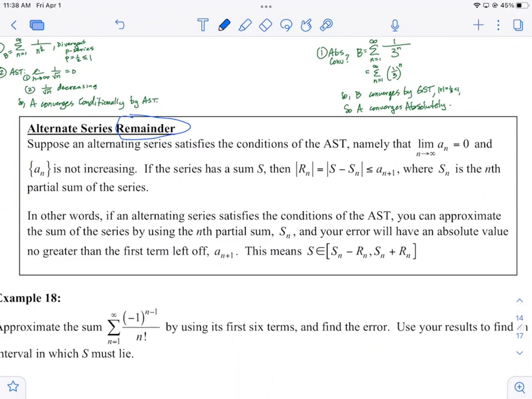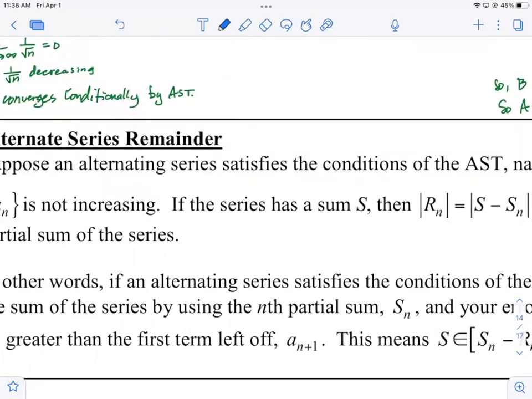You can actually trap the sum between two numbers. You don't know where it is in that interval, but you know it's not going to be outside the interval. So in order to do that, we have to find what's called the remainder, or it's also called the error bound. They're pretty much interchangeable.